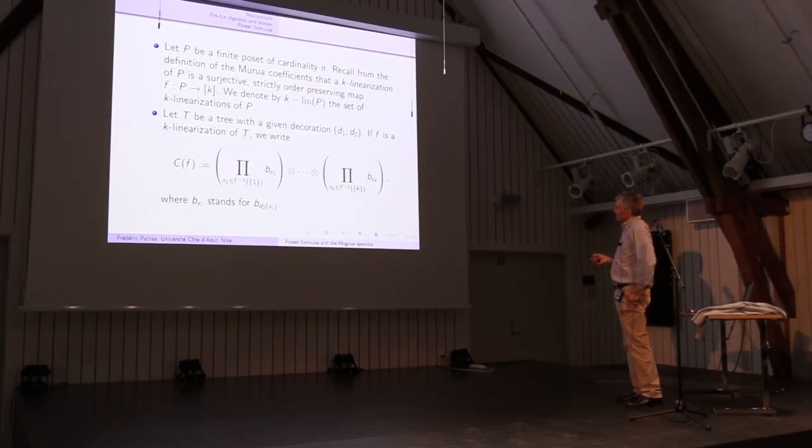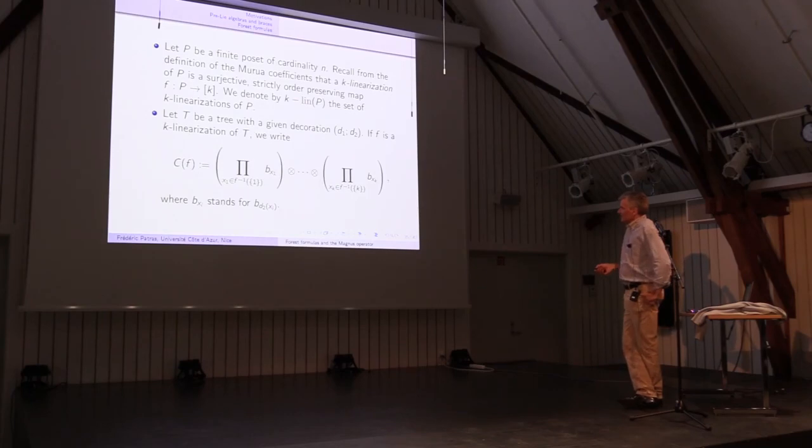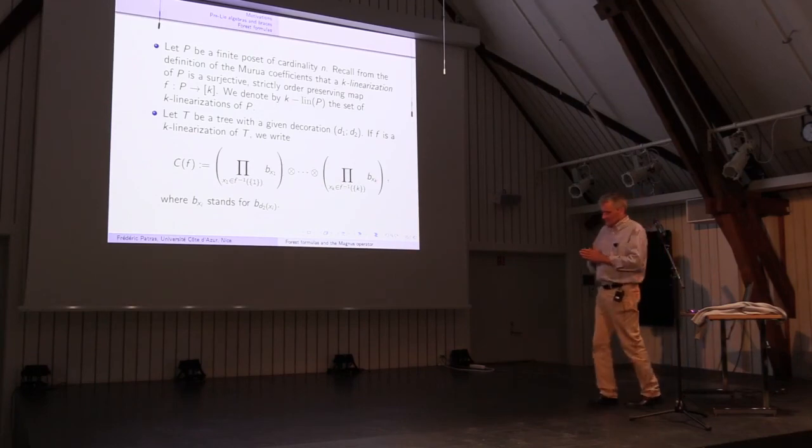And now, when I have a linearization f of a tree T, I define this tensor product C of f as a certain tensor product of monomials in the elements of the dual of the pre-Lie algebra, which are defined technically that way. So this corresponds to terms that are going to appear when I'm iterating the coproduct.